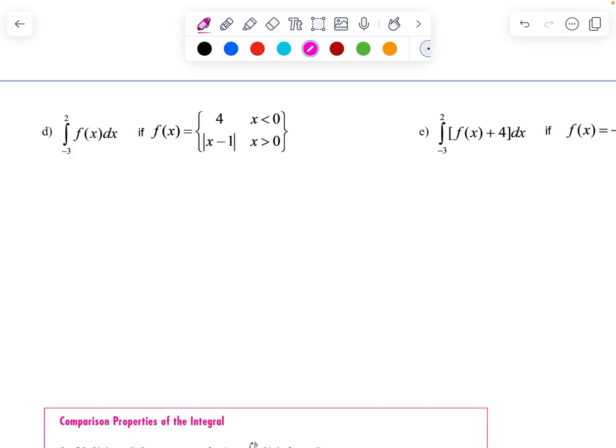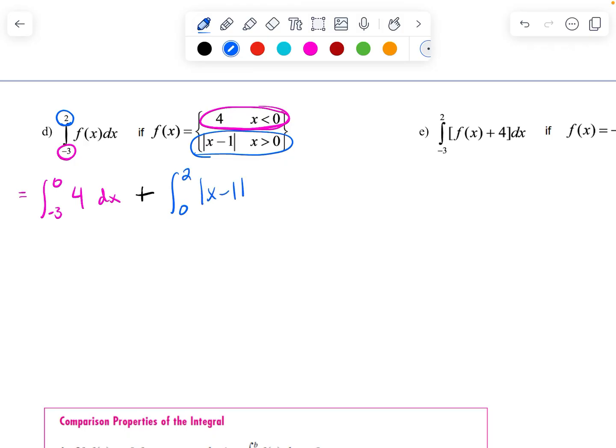So for this one, between -3 and 0, I'm going to have to use this equation. And then for the other one, from 0 to 2, I'm going to have to use this equation.